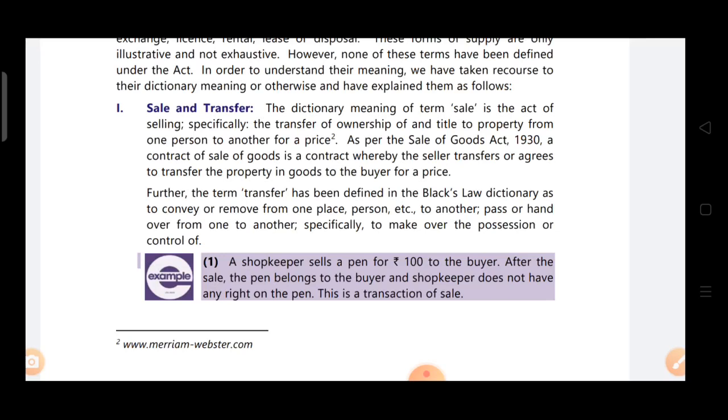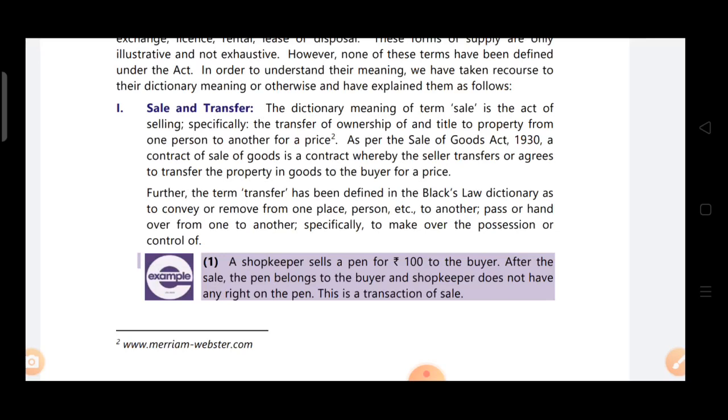Now further, the term transfer has been defined in Black's Law Dictionary as to convey or remove from one place, person, etc. to another, and pass or hand over from one person to another, specifically to make over the possession or control of.